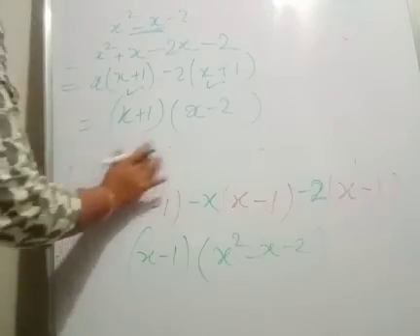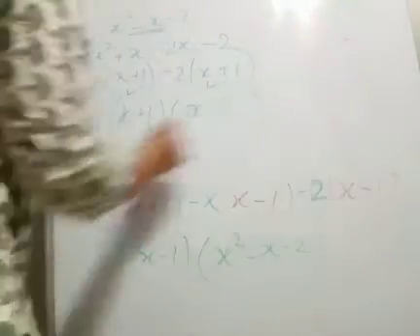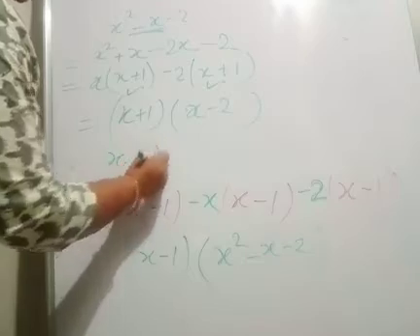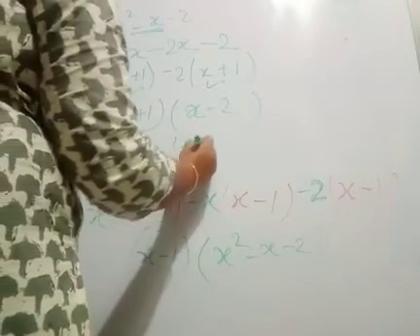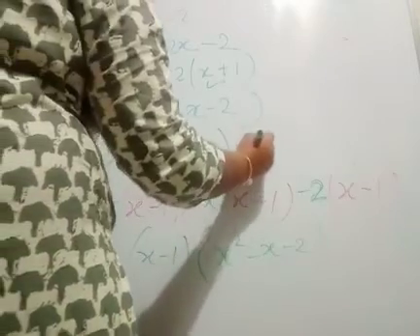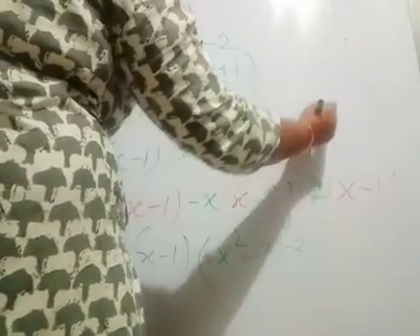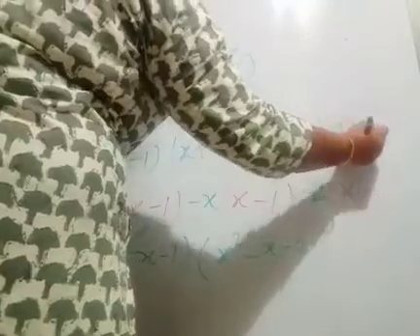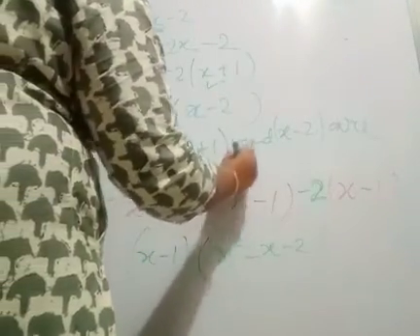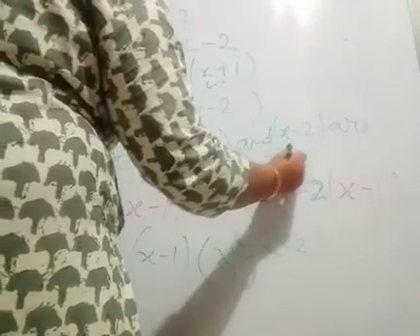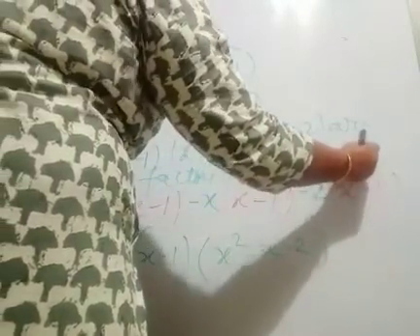Therefore, we already got x minus 1 as a factor at the very beginning, and two more factors, x plus 1 and x minus 2, are the factors of x cube minus 2x square minus x plus 2.